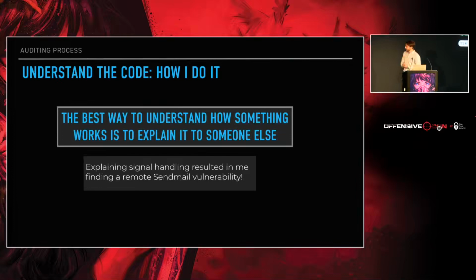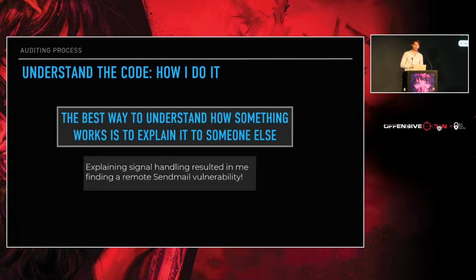I actually found a remote sendmail vulnerability this way some years ago. When I was writing Software Security Assessment, I was writing the chapter on signal handling, which is pretty straightforward. It has an API with some nuances that differ between Linux and BSD, but basically I knew it all pretty well.